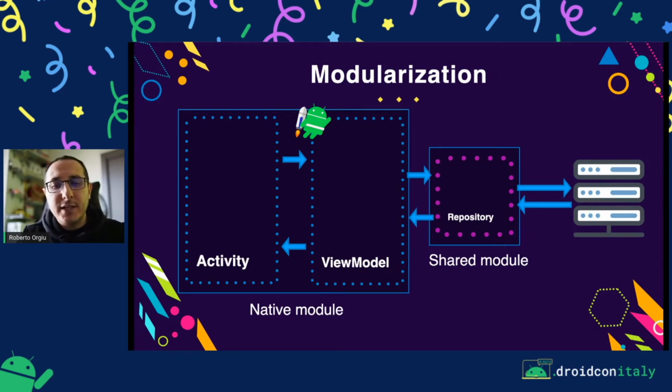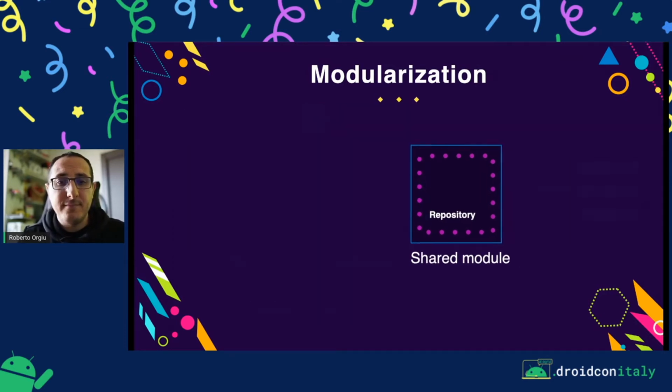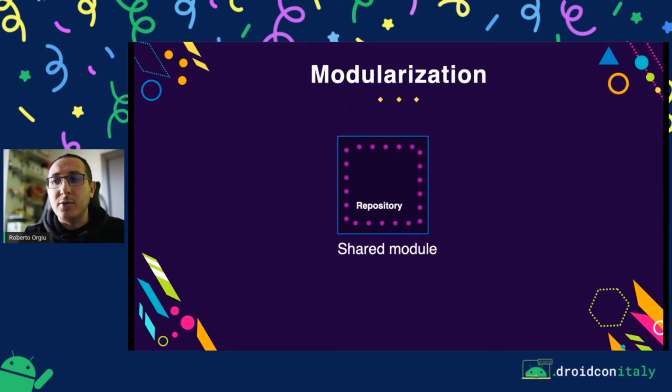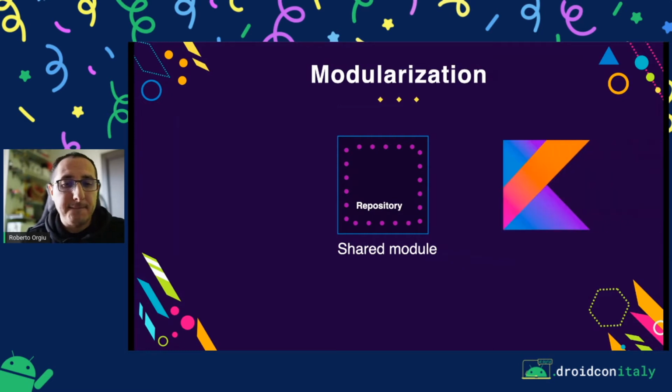The other module is the shared one, and here is where we're going to put all our shared code. Beware, you need specific libraries in order for this to work as expected. So we're going to focus on this shared module because this is where the interesting part is actually happening.